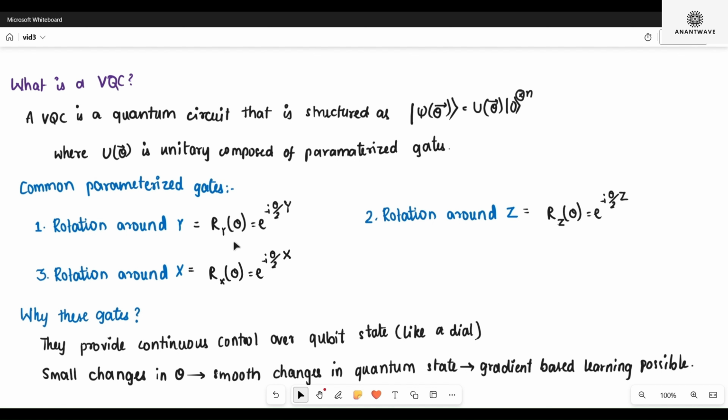Here we'll be applying rotation by theta, a parameter which will change according to the cost. Why are we only using rotation gates? These provide continuous control over the qubit state. They act like a dial. Small changes in theta will result in smooth changes in the quantum state, thereby making gradient-based learning possible.